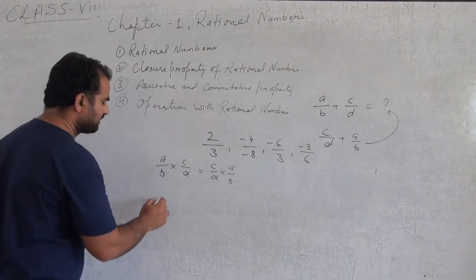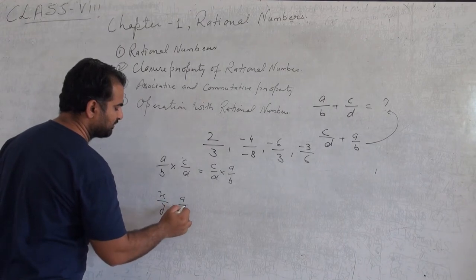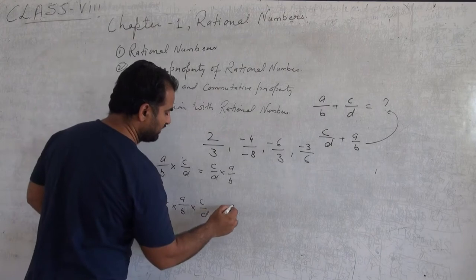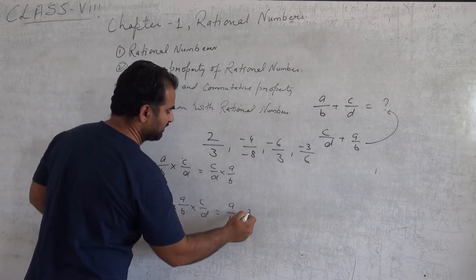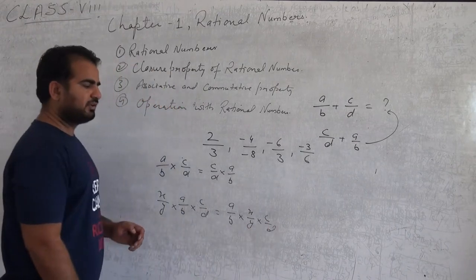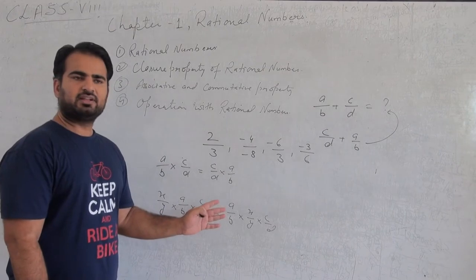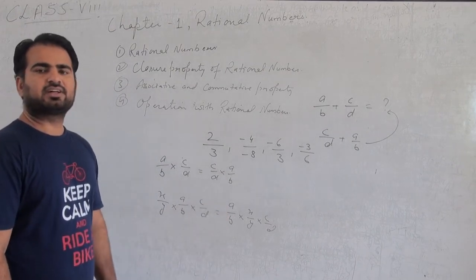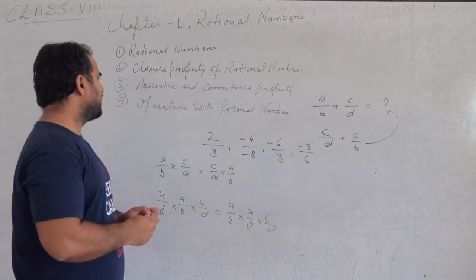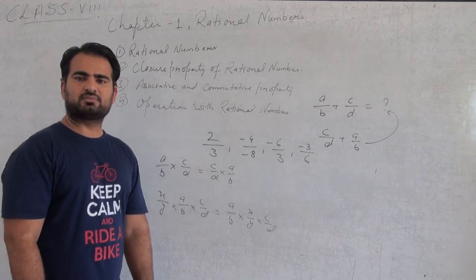Or we can also say that x upon y multiplied by a upon b multiplied by c upon d equals a upon b multiplied by x upon y multiplied by c upon d. So if we change the order while multiplying or adding two or three rational numbers, then the answer will be the same.